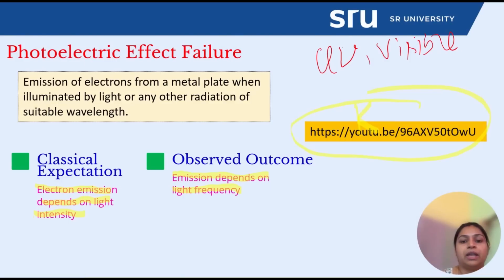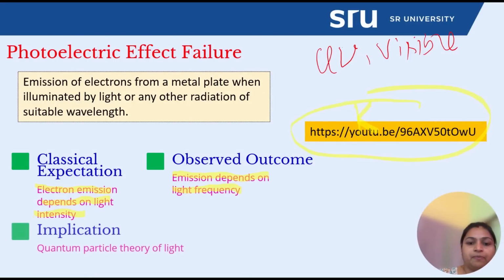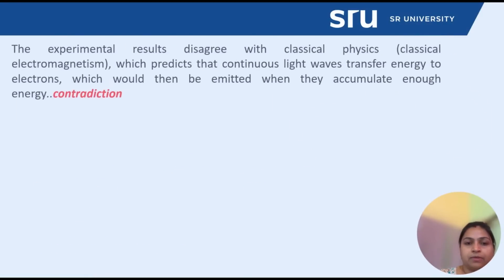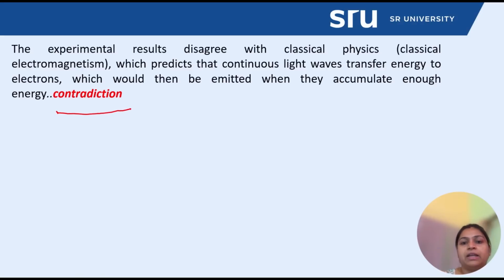So in 1905, the scientist Einstein first observed that light consists of discrete packets called photons, and the experimental results also disagreed with classical physics, or classical electromagnetics, which predicts that a continuous light wave transfers energy to electrons, which would then be emitted when they accumulated enough energy.